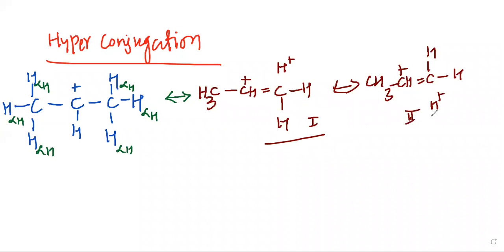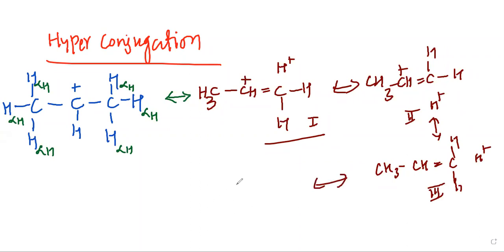This is going to be the second one. Then let's look at the third one. CH3, CH, double bond C. Here we have H, H, and H plus here. This is the third possible structure. Let's look at the fourth one. See H plus, then you have H, H, double bond CH, CH3.